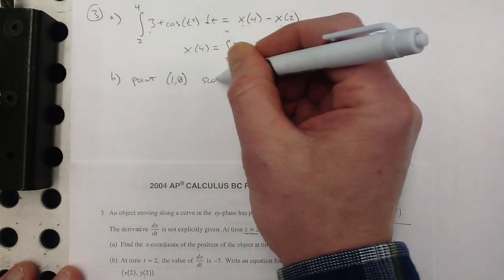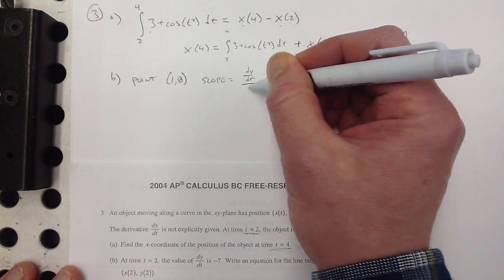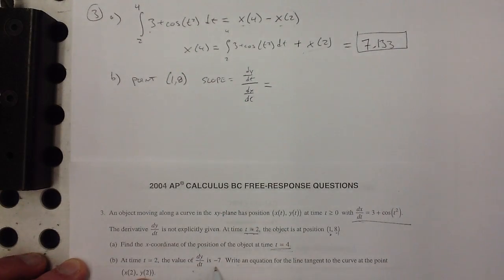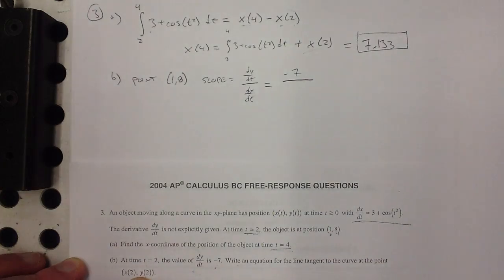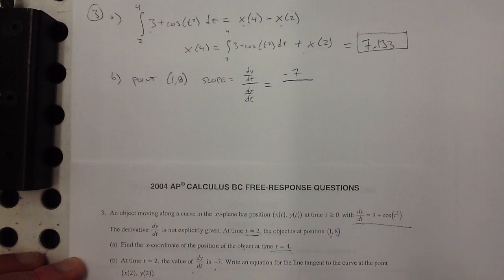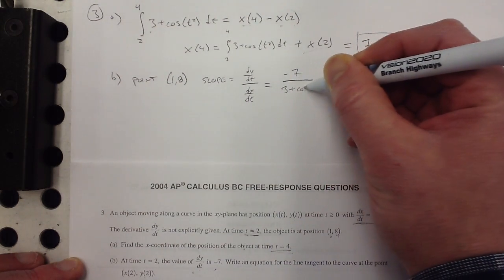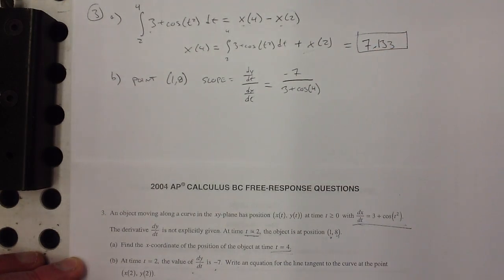And the slope is dy/dx, or in other words, dy/dt over dx/dt. So they told us right here dy/dt is negative 7. And dx/dt, when I plug in 2, well, dx/dt is this. So that would be 3 plus the cosine of 2 squared, whatever that is.